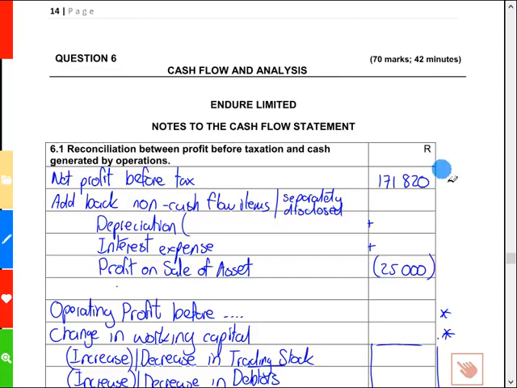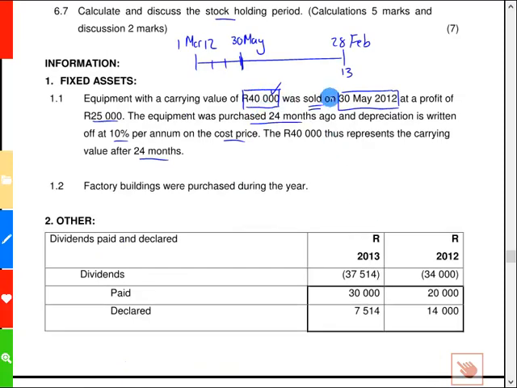Okay, so while we're looking for the depreciation, we found the profit on the sale of the asset, which is good. So now we know we've dealt with this 25,000 and that 40. Now we read further. The equipment was purchased 24 months ago and depreciation is written off at 10% per annum on the cost price.